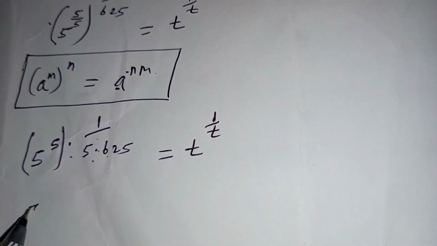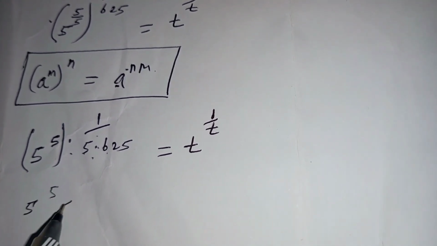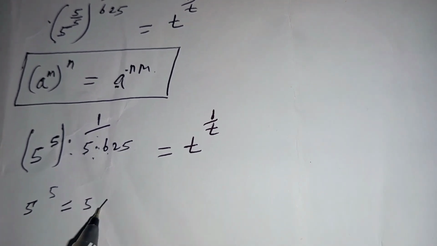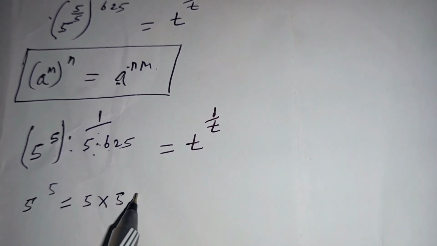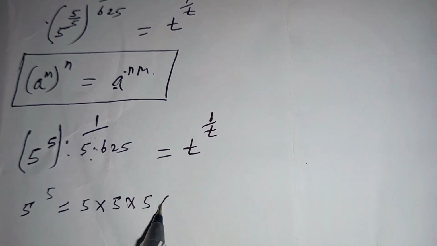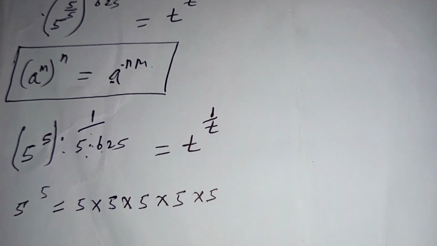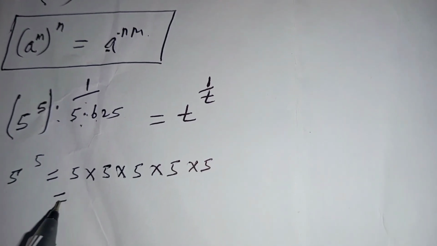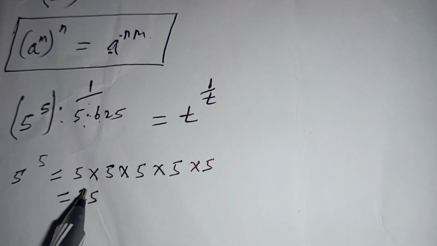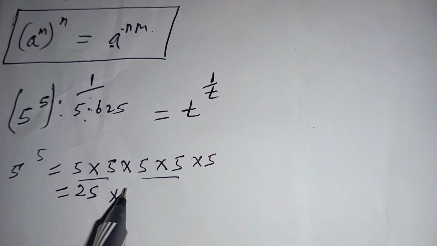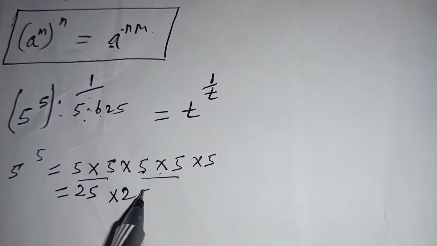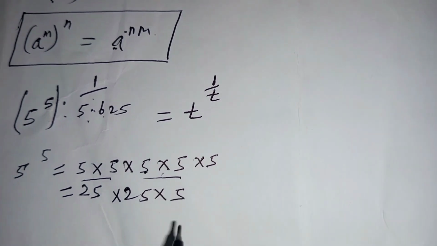Now 5 to the power of 5 means 5 multiplied by 5 multiplied by 5 multiplied by 5 multiplied by 5, up to 5 times. 5 times 5 is 25. 5 times 5 is also 25, times 5.